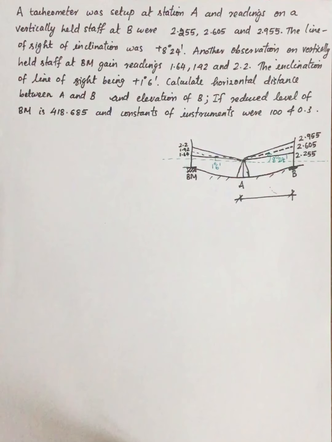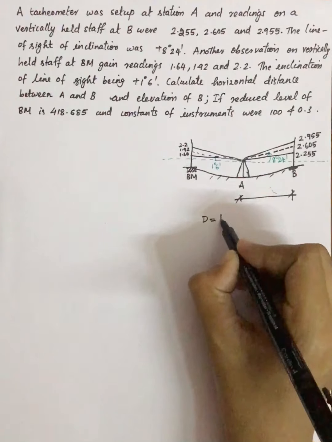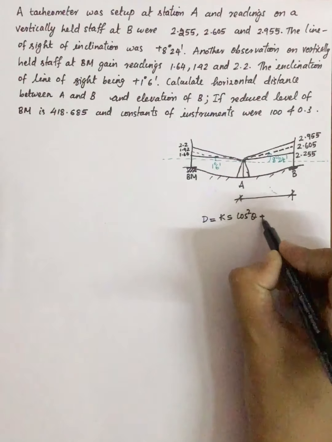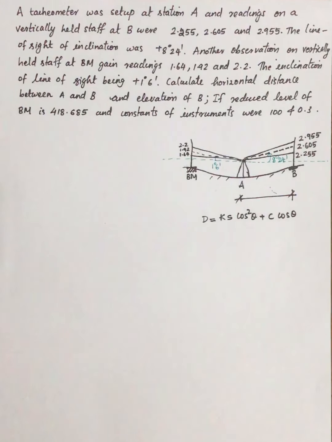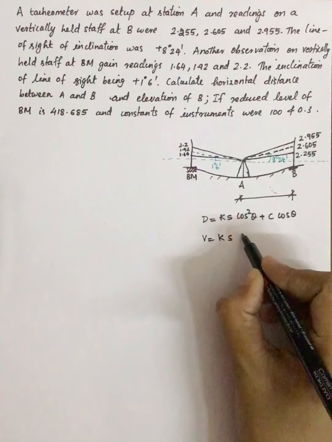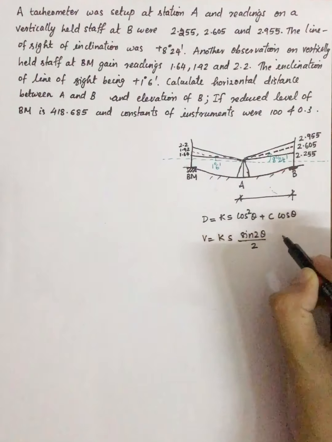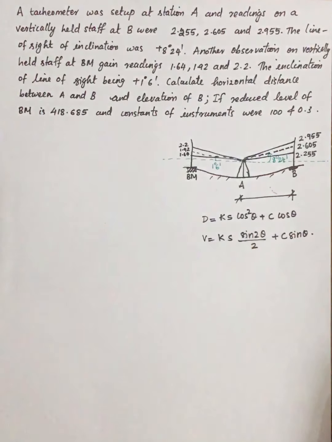D equals Ks cos square theta plus C cos theta, and V equals Ks sin 2 theta by 2 plus C sin theta.